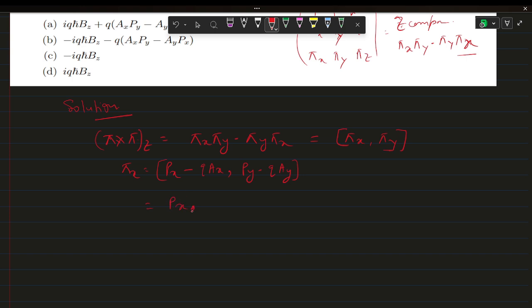Px, py plus px minus qay plus minus qax py plus minus qax minus qay.